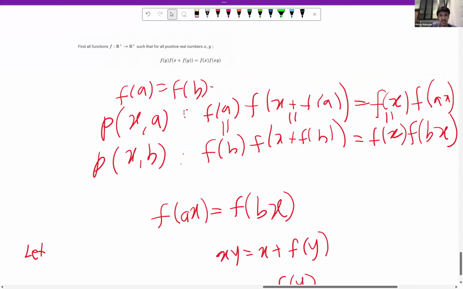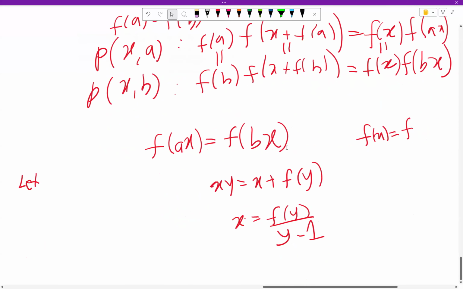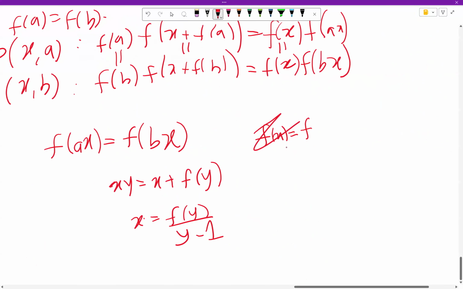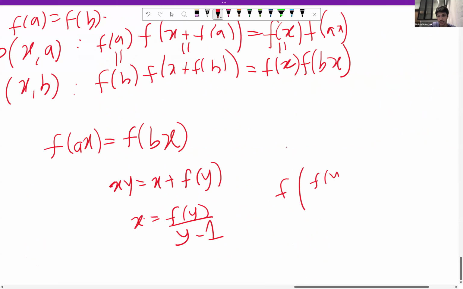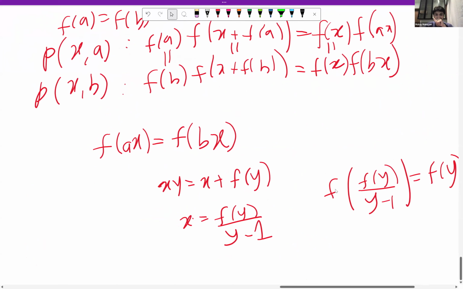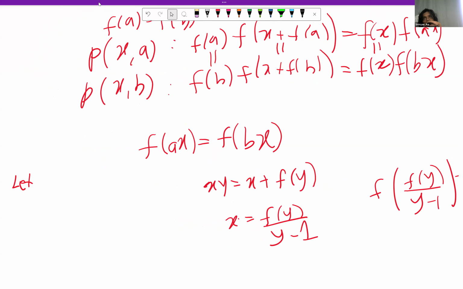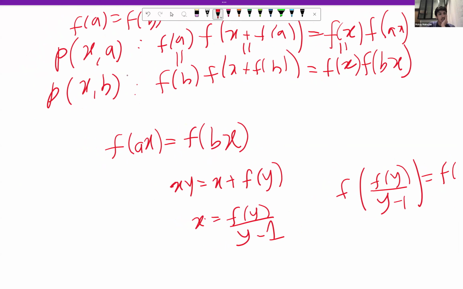If you set this, then you get fx equals fy. So you get f of x is f of fy over y minus 1 is f of y, for y greater than 1.